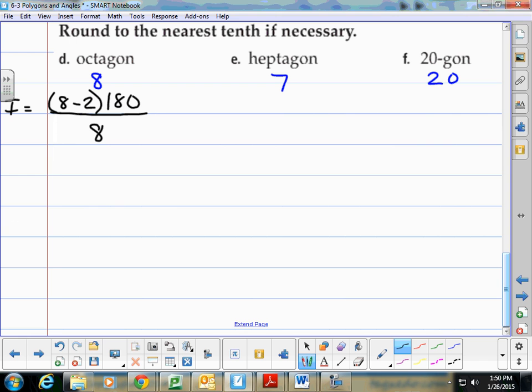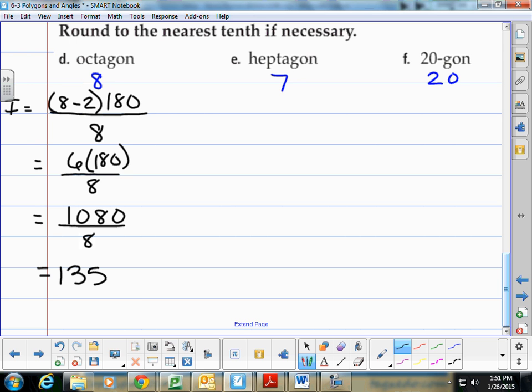So what we get is 6 times 180 over 8. So we end up with 1,080 over 8, which is equal to an interior angle of 135 degrees per measure.